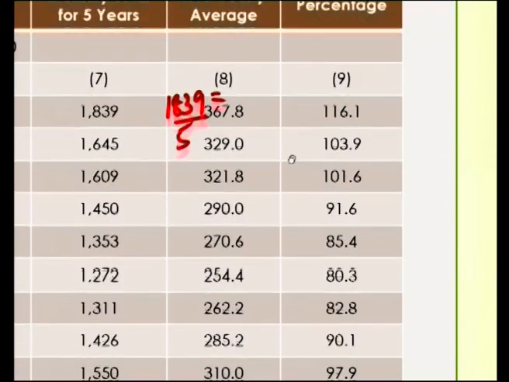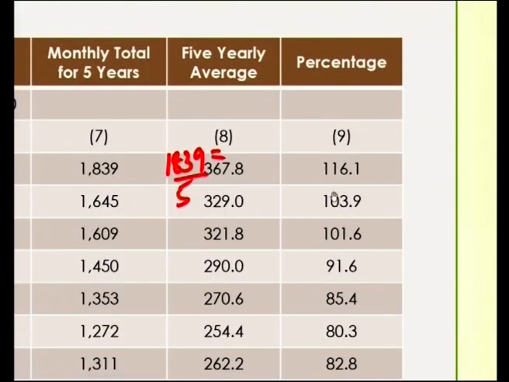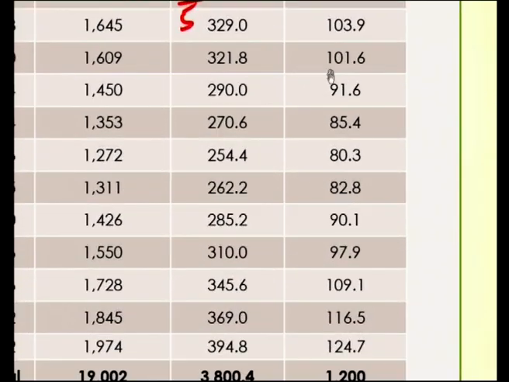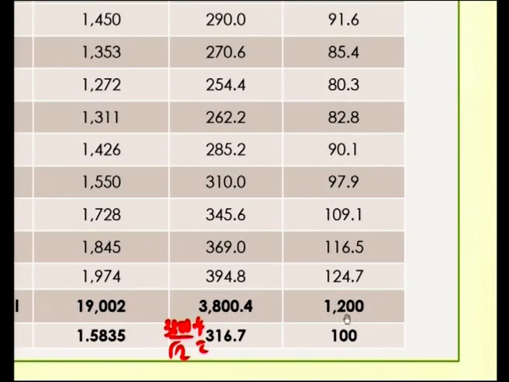Then the seasonal index, which is a percentage. The seasonal index is 116.1 for the month of January, 103.9 for the month of February, 101.6 for the month of March, like that, and its total is 1200, and if you take its average it should be 100.